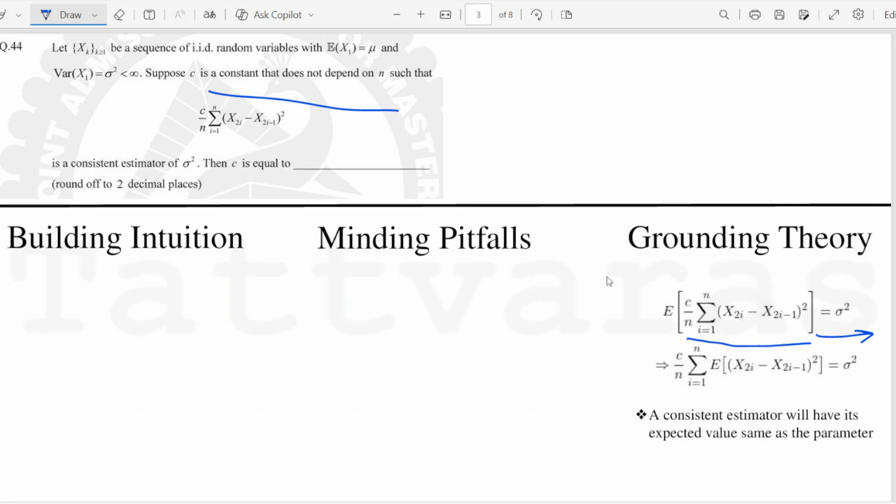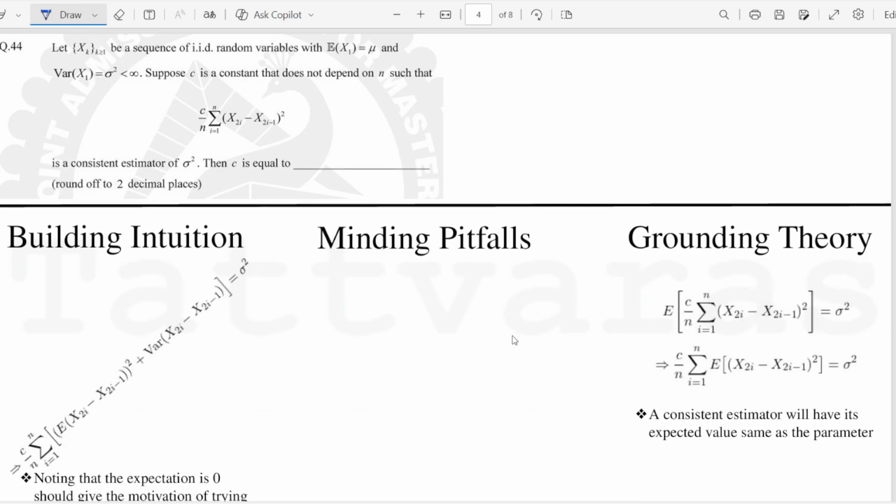Now, you start with this, you make some simplifications using the linear property of expectation, and then the intuition part over here is to understand that this entire statistic is a collection of sums of these individual statistics.